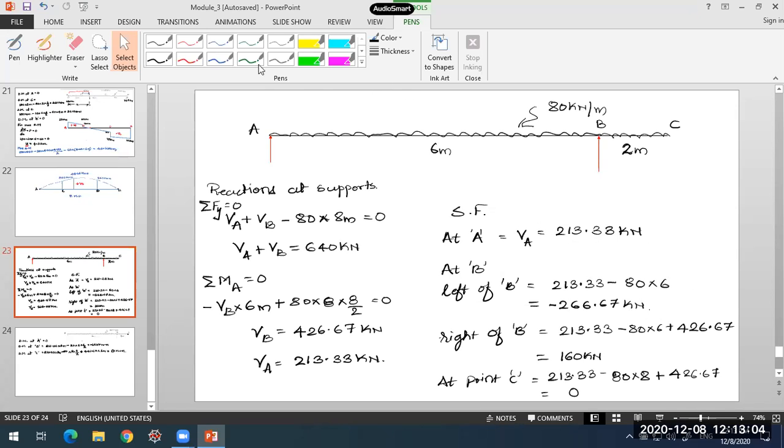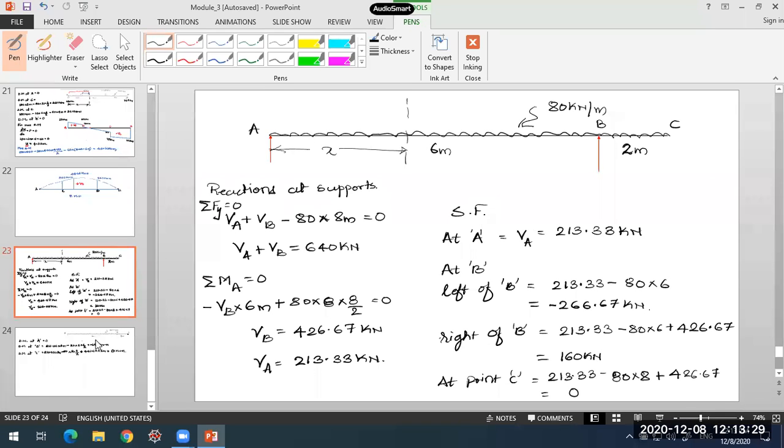So take a section between A and B. Assume it is at a distance x from point A and find out this x where the shear force is 0. You can do this after plotting the shear force diagram or even while plotting it, anything you can do.